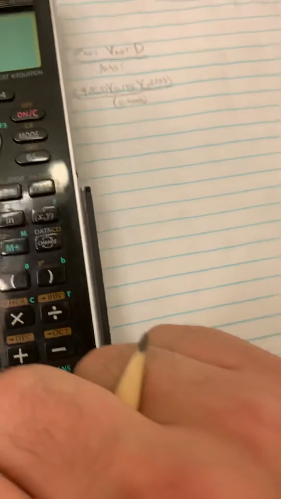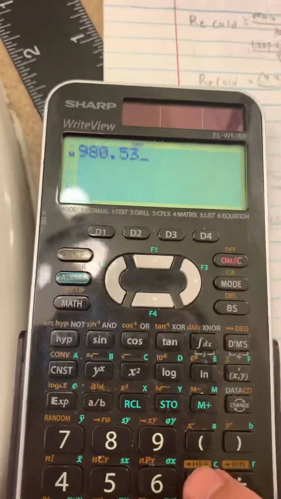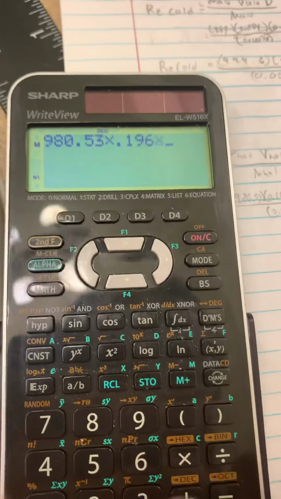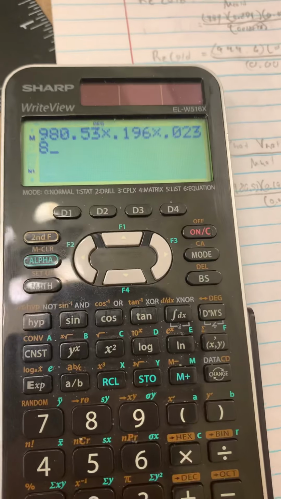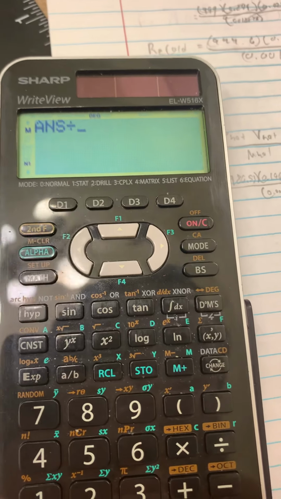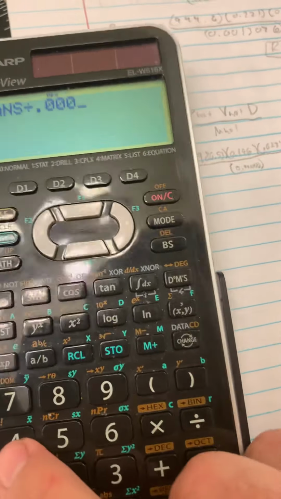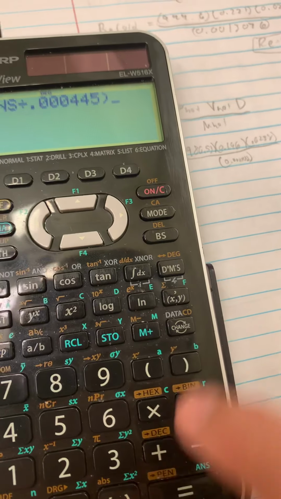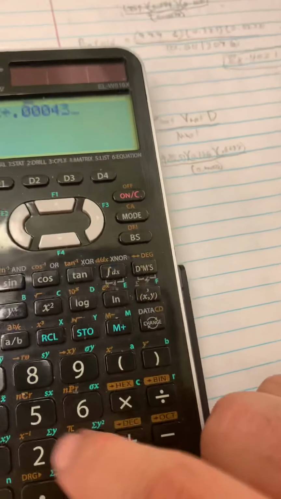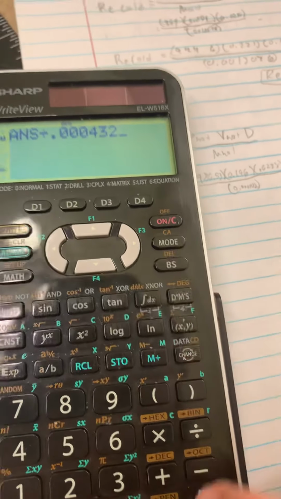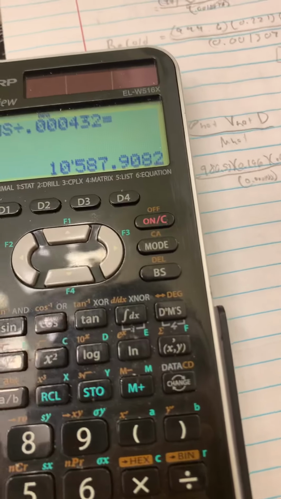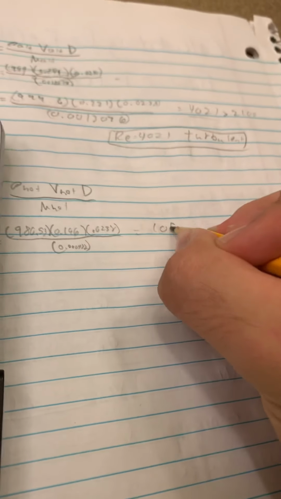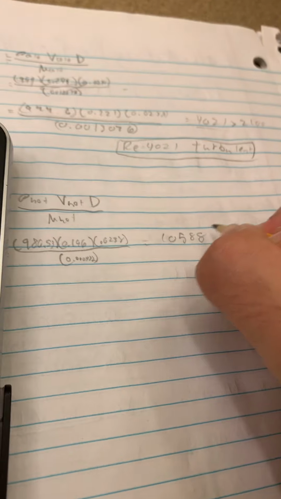So 980.53 times 0.196 times 0.0238 divided by 0.000432. My apologies, I said 445, but that's 432. We get approximately 10,588.